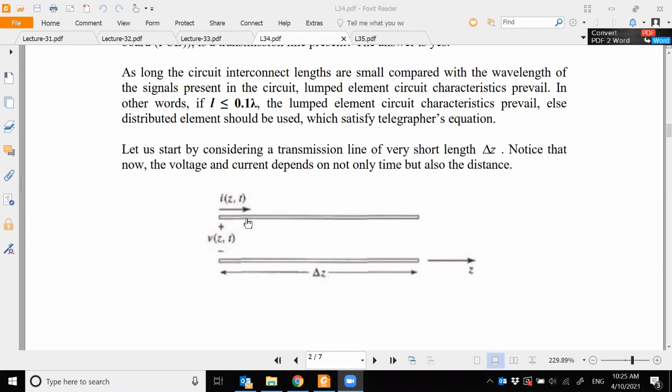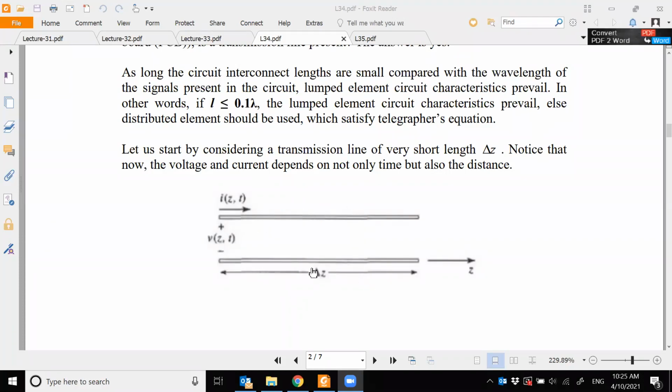So we have to consider the current as a function of distance and time, and voltage also. Here I'm considering the distance Z because this is my propagation direction, the Z direction. That's why you end up with 1D equations, because of one space variable and time.